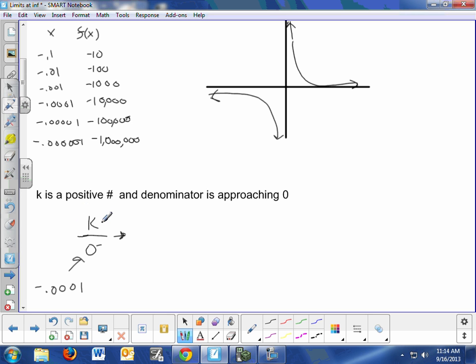Any constant divided by something infinitesimally small is something really, really big. In this situation, since the infinitely small thing is negative, this would be negative.